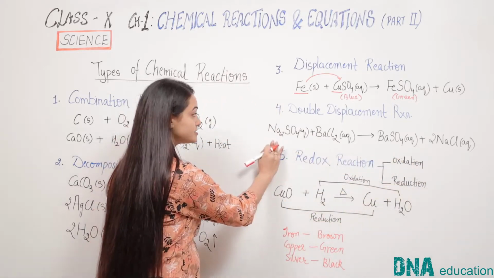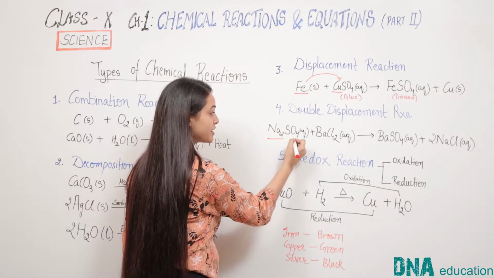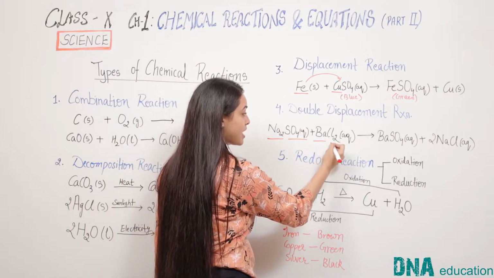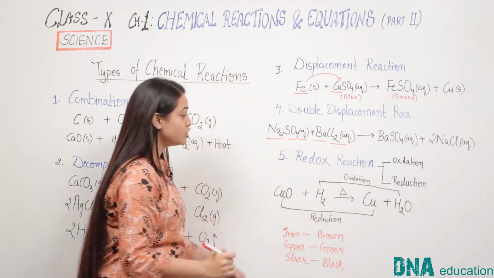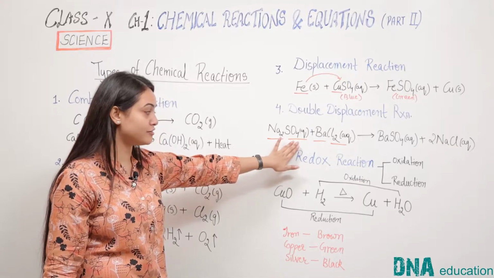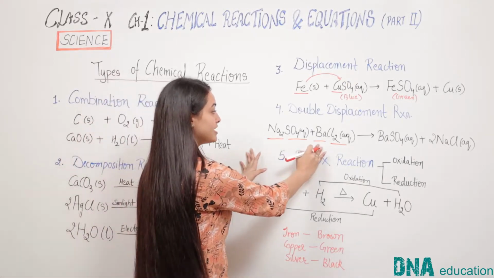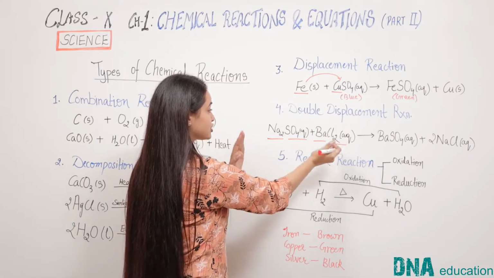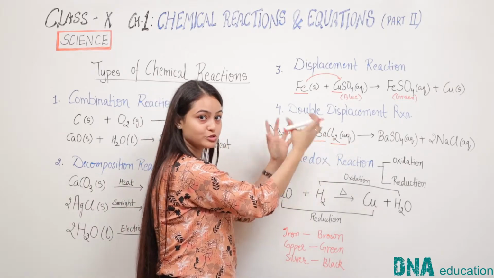Now there are ions involved. First is the sodium ion and the sulfate ion. The next is the barium ion and the chloride ion. So we see that sodium ion here is with sulfate ion and barium ion is with chloride ion. But now during the reaction, the ions of both the compounds will be exchanged.